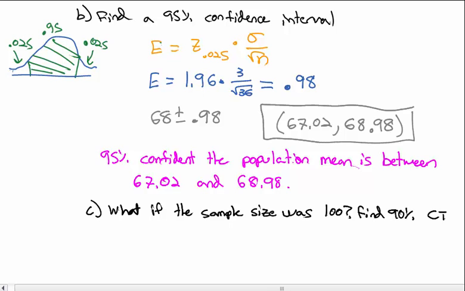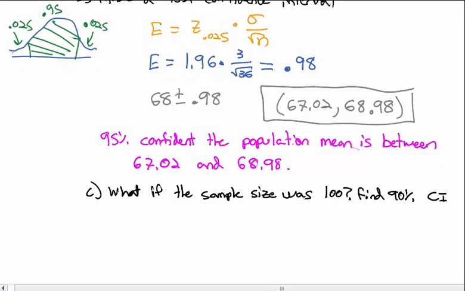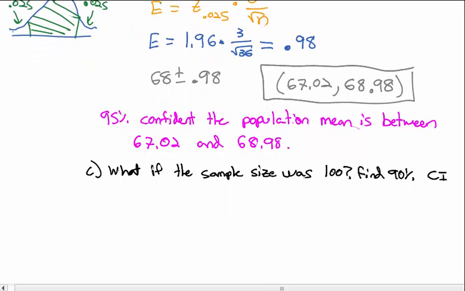I'll use CI for confidence interval. So we've seen this situation before, the 90% confidence interval means we've got 0.9 in the middle, 0.10 for the outside, which means 0.05 on each, dividing that by 2.